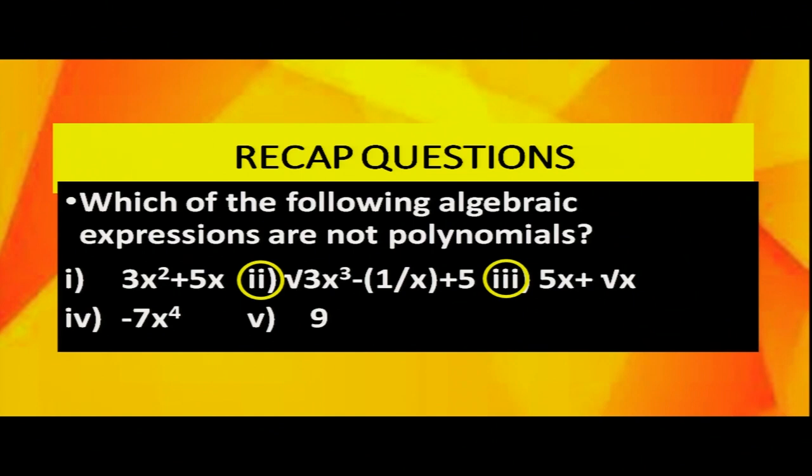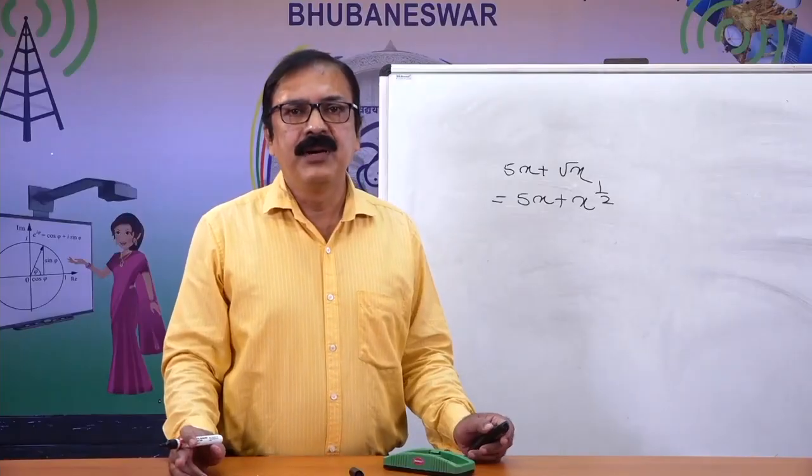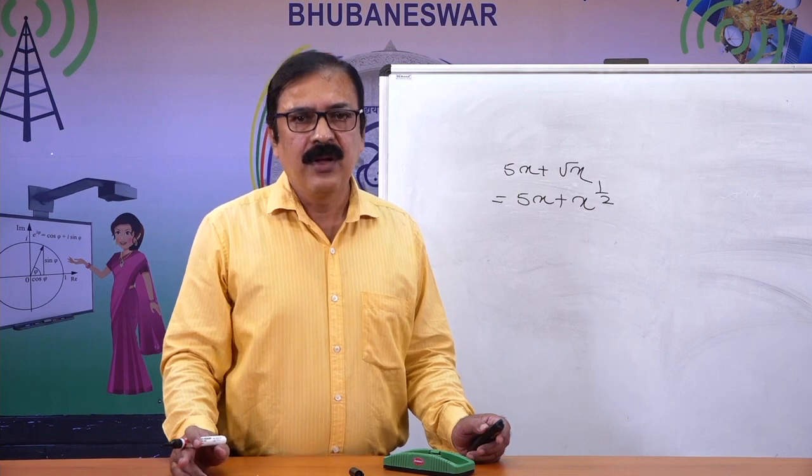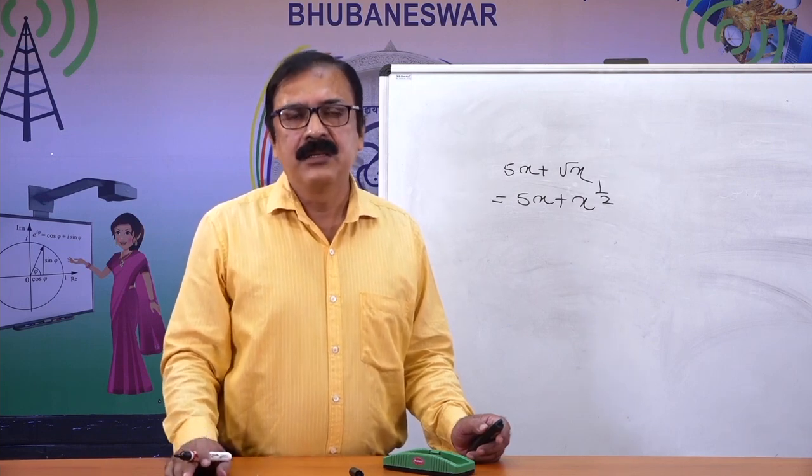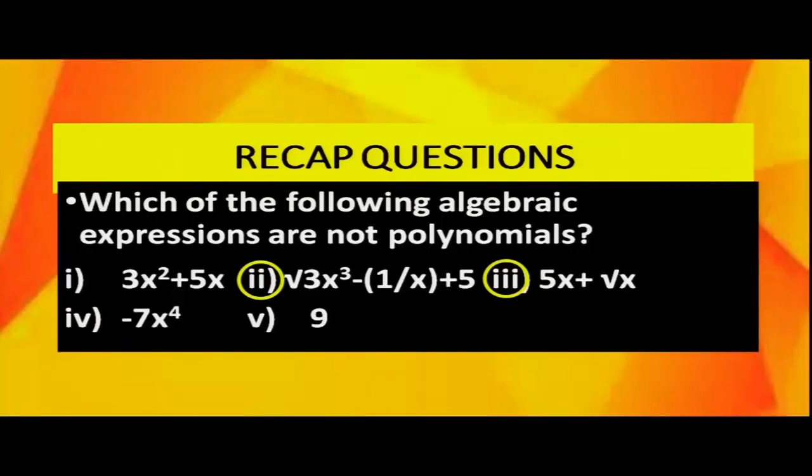Now see minus 7 x to the power 4. Here the exponent is 4, a non-negative integer, so it is a polynomial. And 9 is a constant number and it is a polynomial of degree 0. So only the encircled expressions are not polynomials.